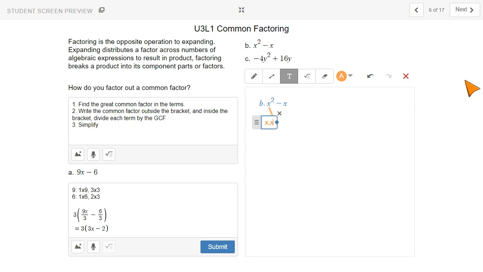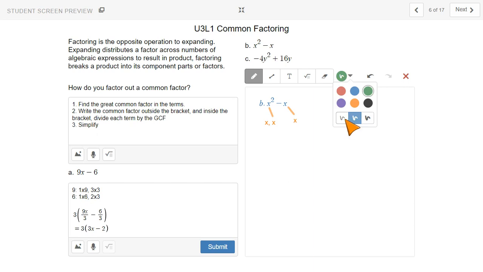So an x squared means I have x times x, I have 2 x's, and in this, I have 1x. So out of those two, what's common is the x, 1x.